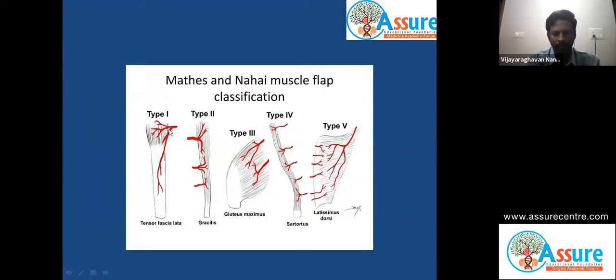Type 1, this entire muscle can be turned around, so that shouldn't be a problem. Type 2, again I am telling, these minor pedicles can be taken down and this can be raised based on this. These are two pedicles, and it can survive with only one pedicle. So I can take this up to this and I can turn it. Type 5, I can even block this pedicle and base it on this.